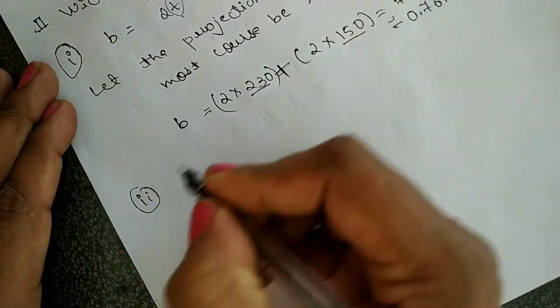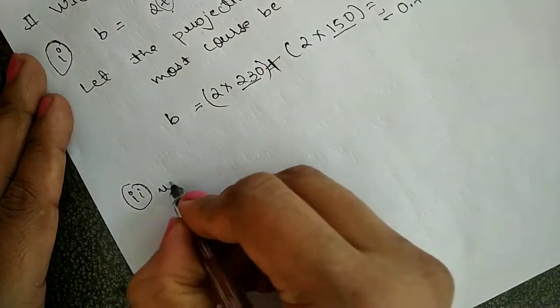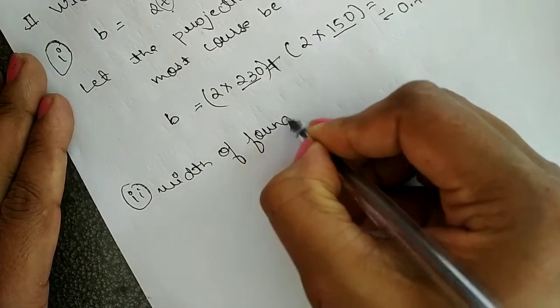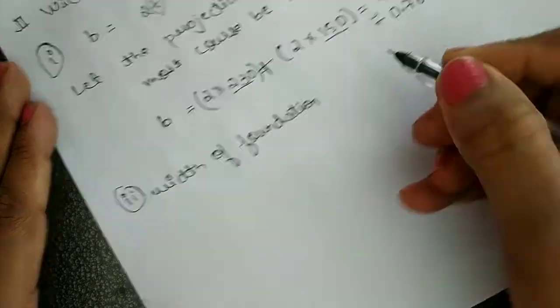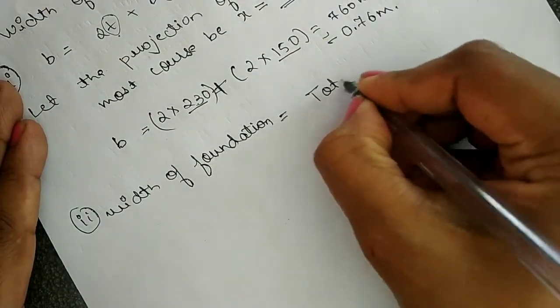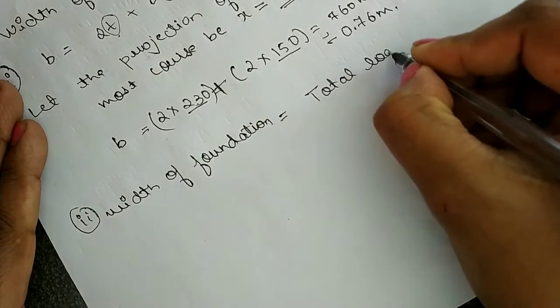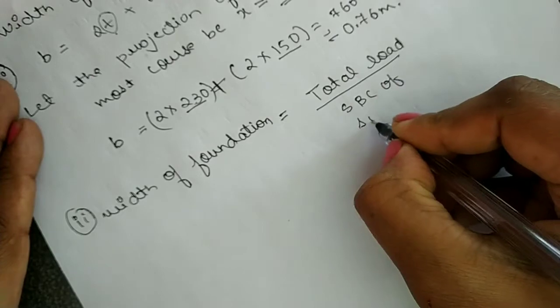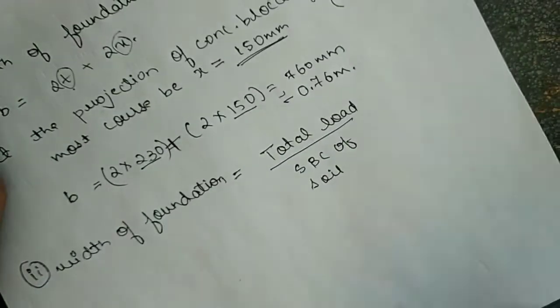Now the second formula: width of foundation is equal to total load divided by SBC of soil. This was the formula told to you before.